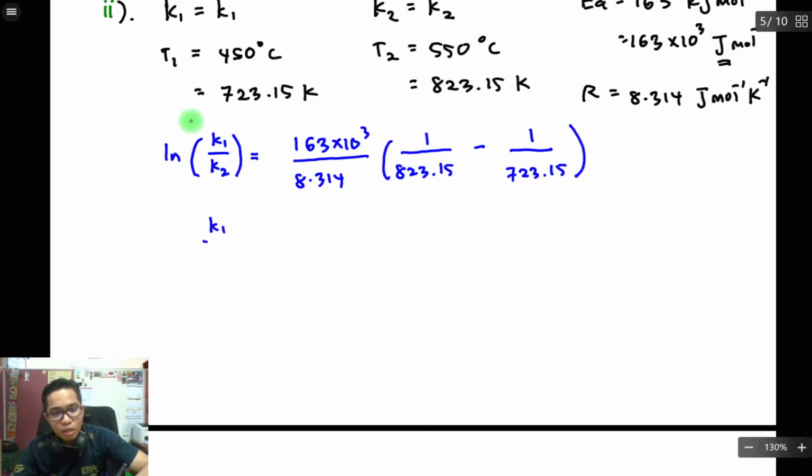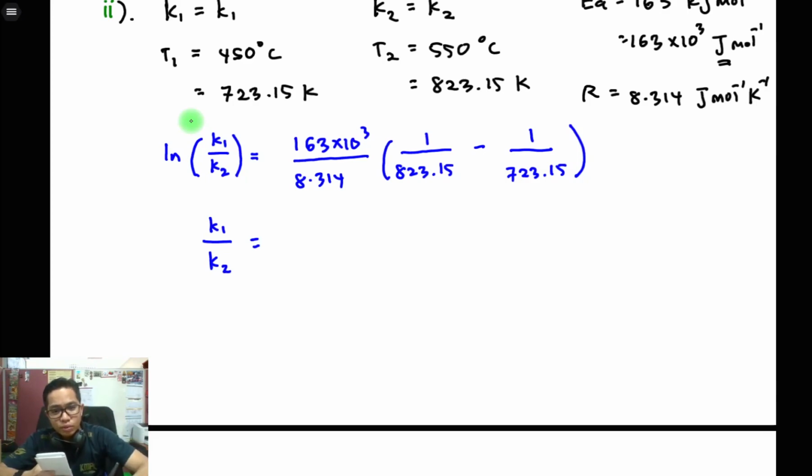So answer for K1 divided by K2 will be 163 exponent 3 divided by 8.314 times 1 over 823.15 minus 1 over 723.15, and then shift ln answer.